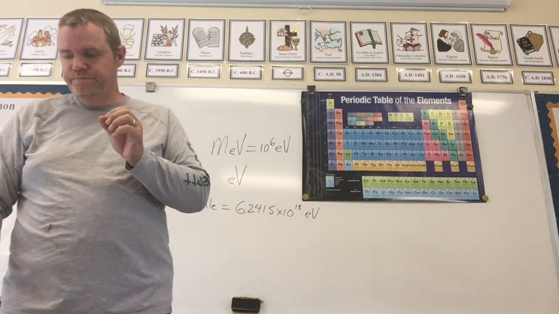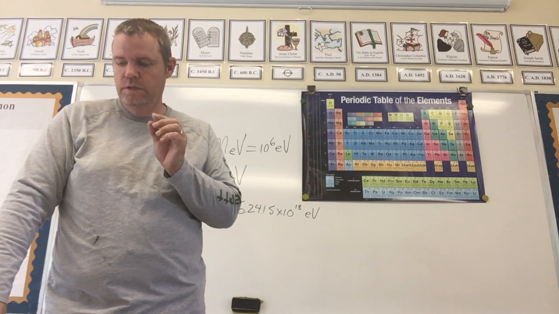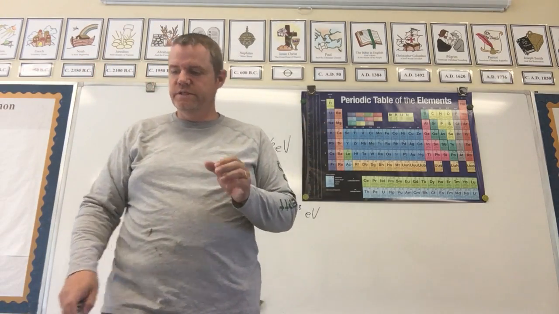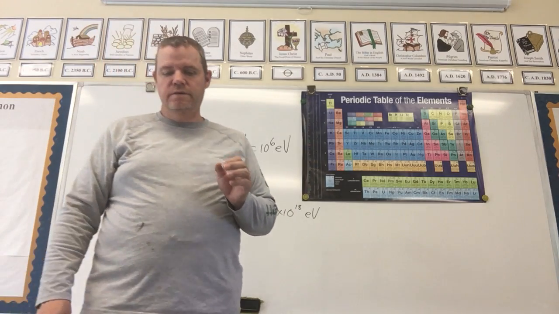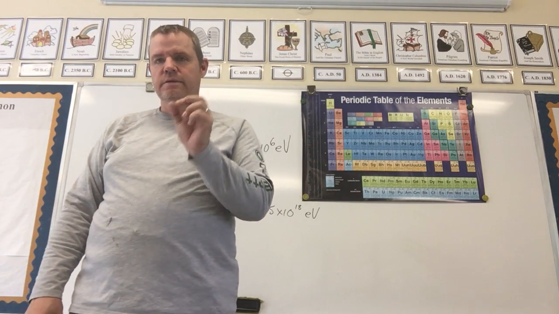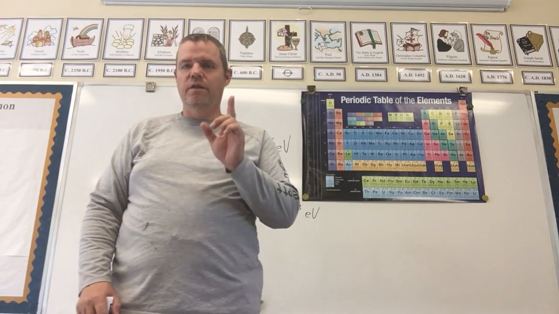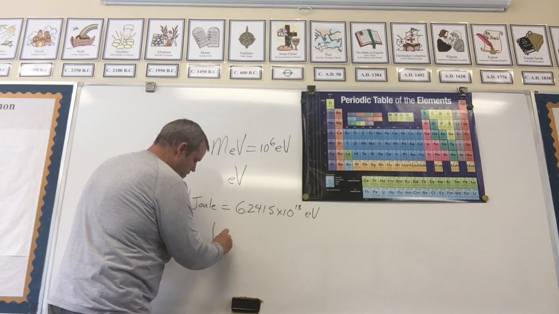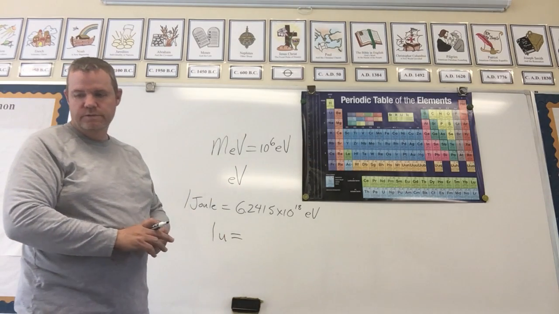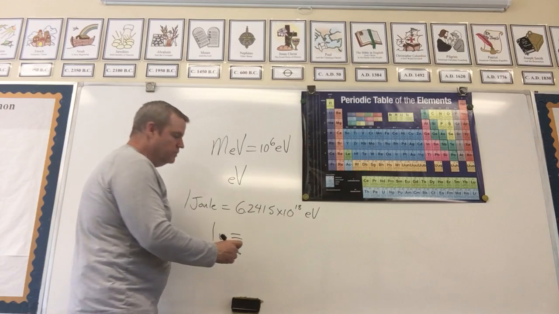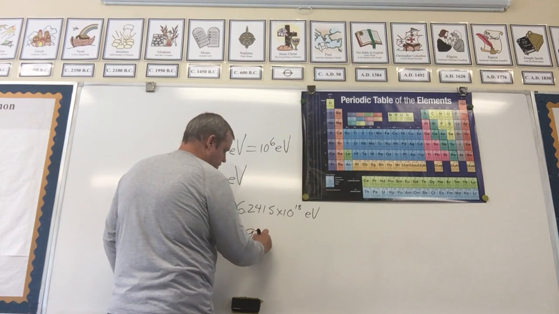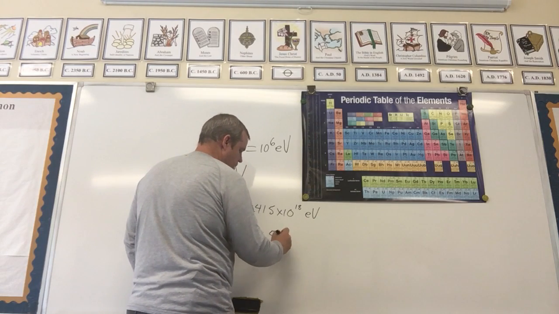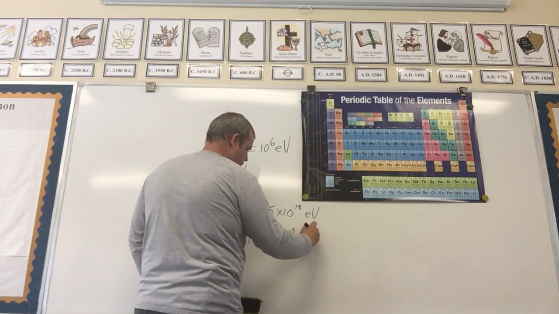Now, with the formula that we gave you yesterday of E equals mc squared, we get 1 atomic unit, which we call 1 U. 1 U equals 931.5 mega electron volts.